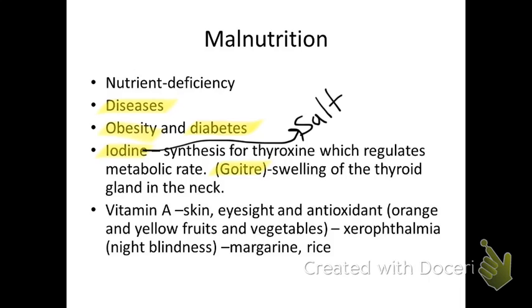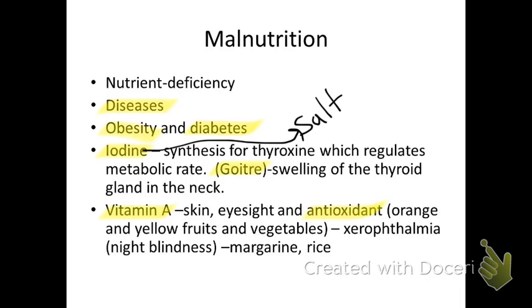Alrighty, so another malnutrition is vitamin A deficiency. With vitamin A deficiency, it can cause night blindness, it can cause loss of eyesight, and so forth. Vitamin A is important for our eyesight so that we can see better, as well as it acts as an antioxidant, which means that it gets rid of toxins or things that cause free radicals.